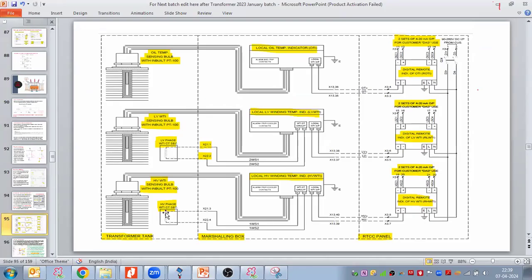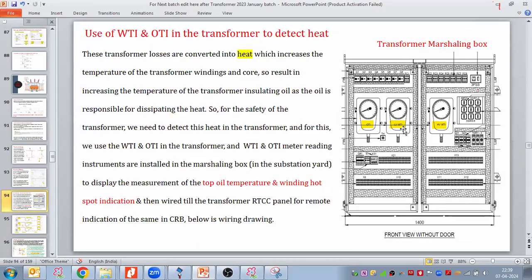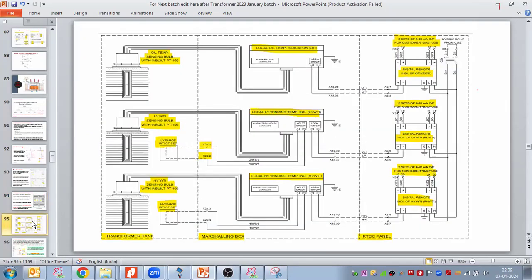Here we have local indications, but each and every time the operator cannot come near the transformer marshalling box and check what temperature is going on in the transformer. So due to that reason, we require a remote indication as well. For the remote indications, we do the cabling from the transformer marshalling box to the RTCC panel.